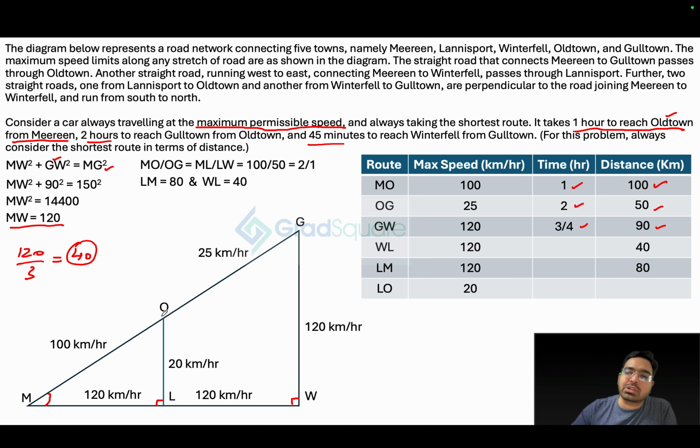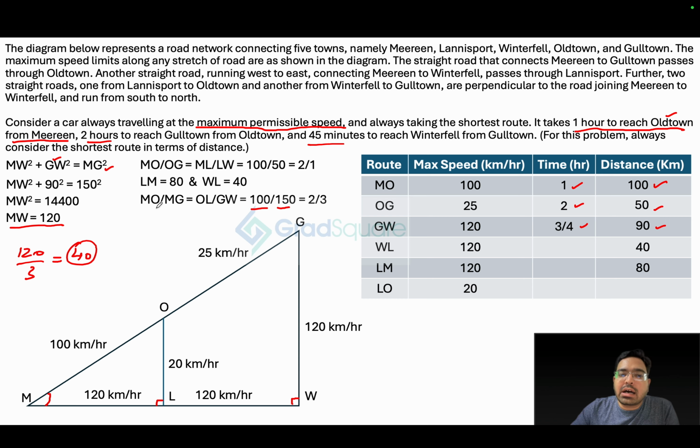Now we need to find out the value of LO or OL, whatever. Now, once again, you will look at the similar triangles and you will realize MO by MG will be equal to OL by GW, by the logic of similar triangles again. So MO by MG will be equal to OL by GW, and that is nothing but 100 by 150.